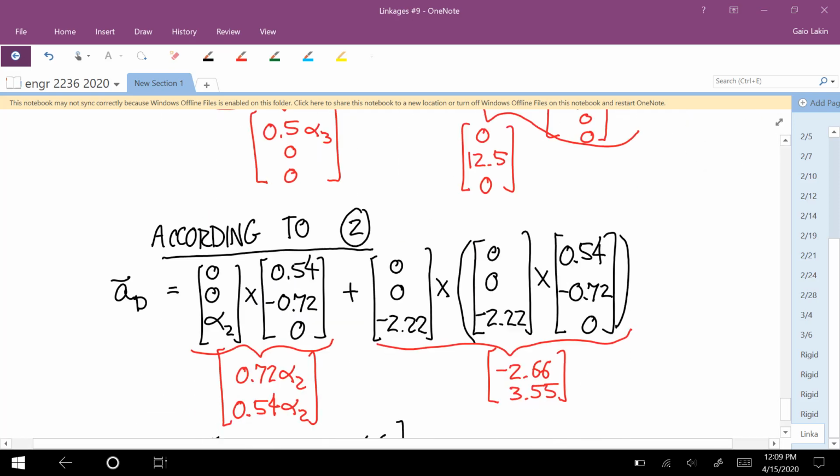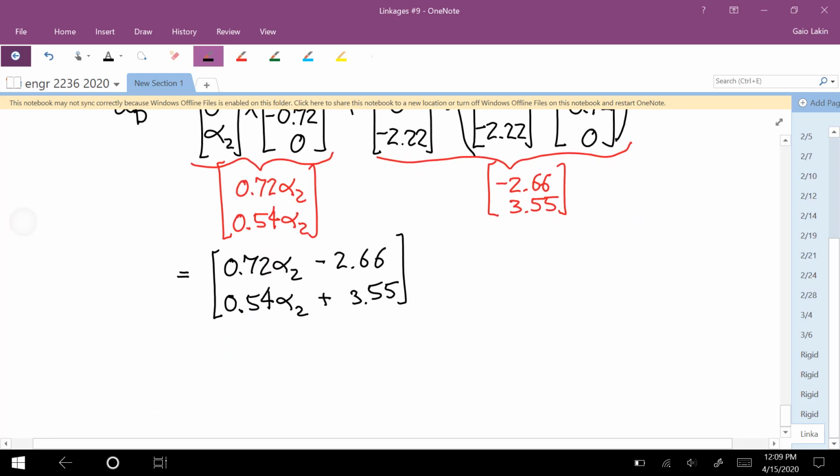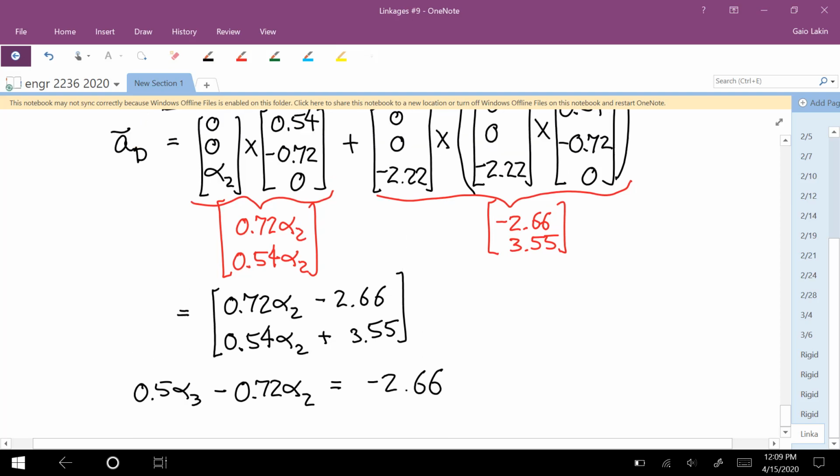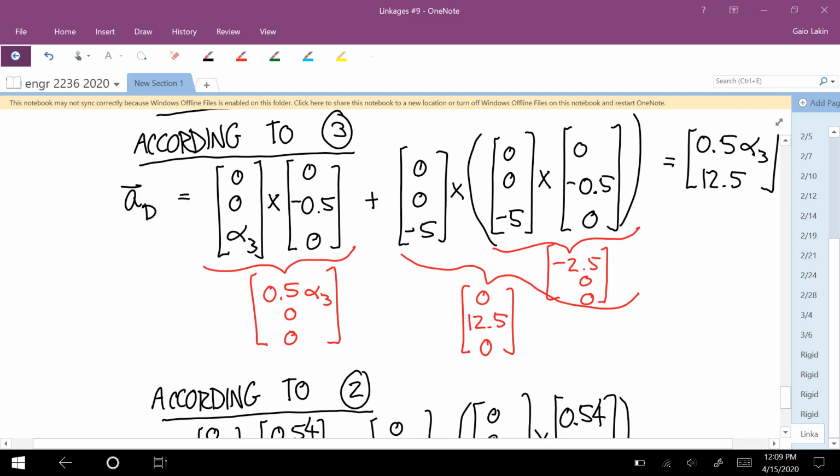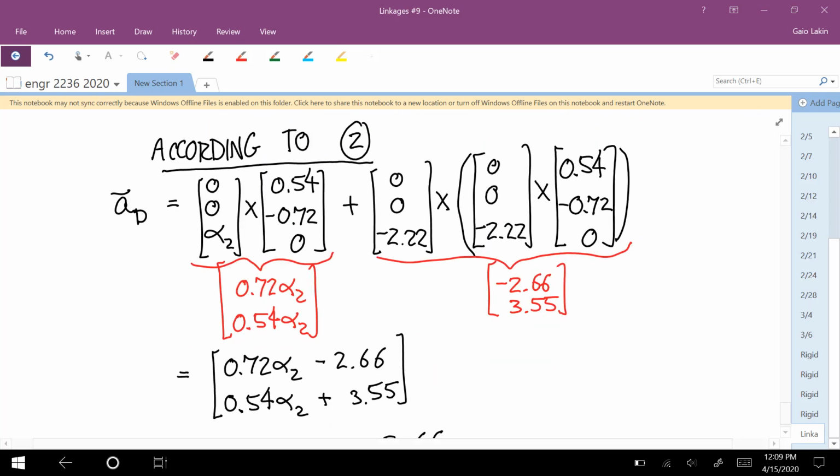So we have 0.5 alpha 3 minus 0.72 alpha 2 is equal to negative 2.66. I just moved everything over to the left side.